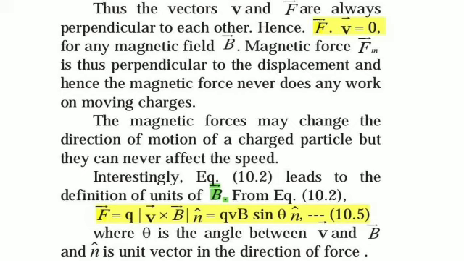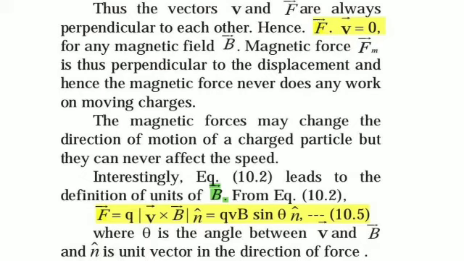Interestingly, equation 10.2 leads to the definition of the unit of vector B. So, from equation 10.2, vector F is equal to Q mod of vector B cross vector V n cap, which is equal to QVB sin theta n cap.